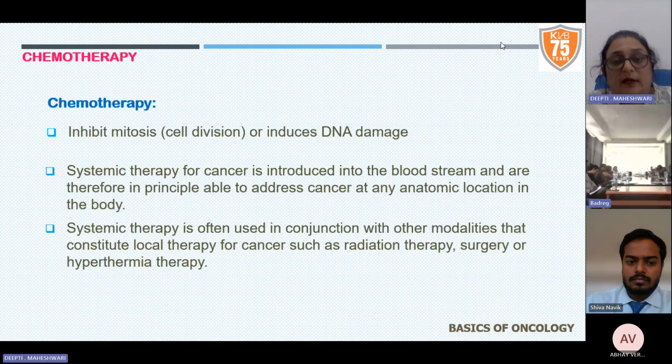If they're given orally, the patient takes it through the GI tract, but it goes through the bloodstream and reaches each and every cell in our body. Therefore, it is called systemic in nature. And at times when it is given at the site where the tumor is, it is called locoregional.